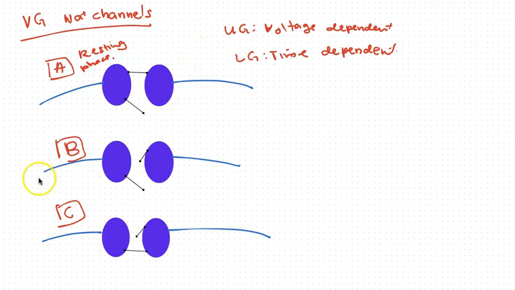So when depolarization reaches the voltage gated sodium channels, the voltage gated upper gate here will open. So what happens next? Sodium ions are allowed to flow into the cell, propagating action potential.